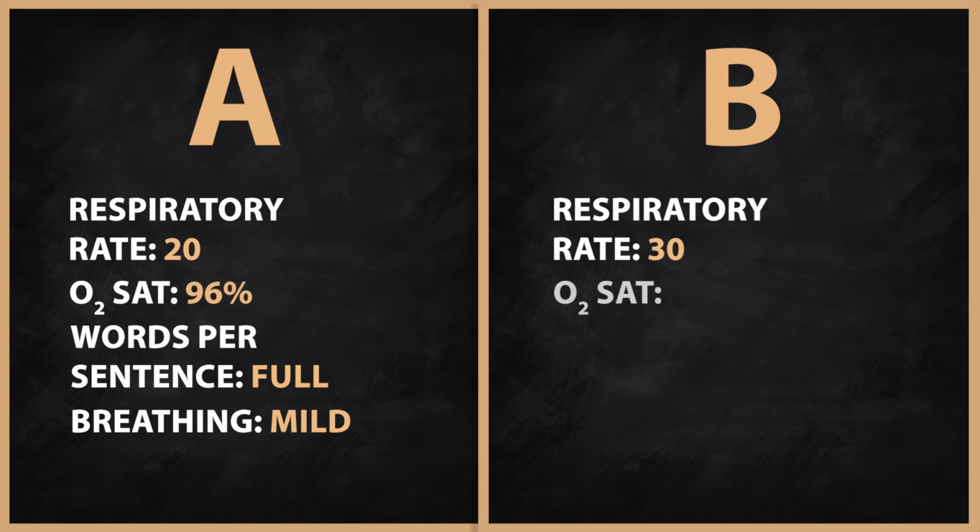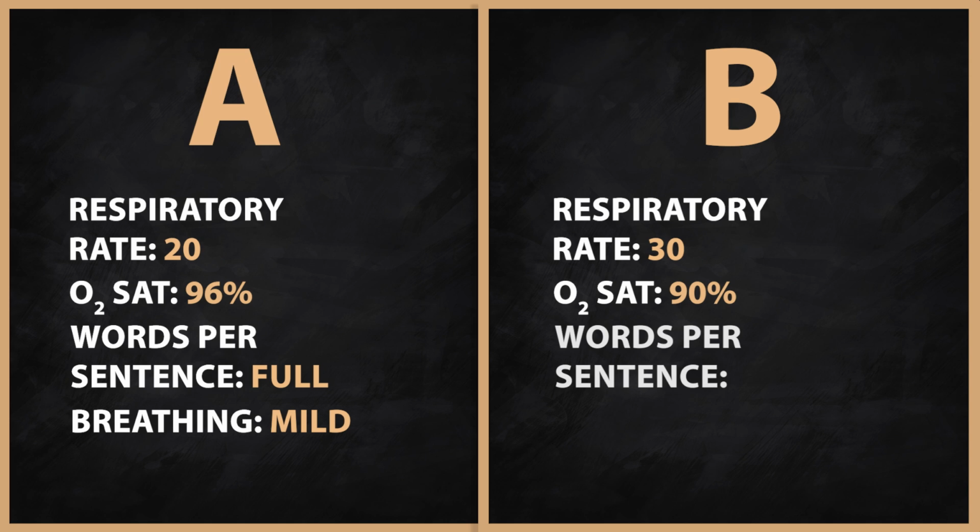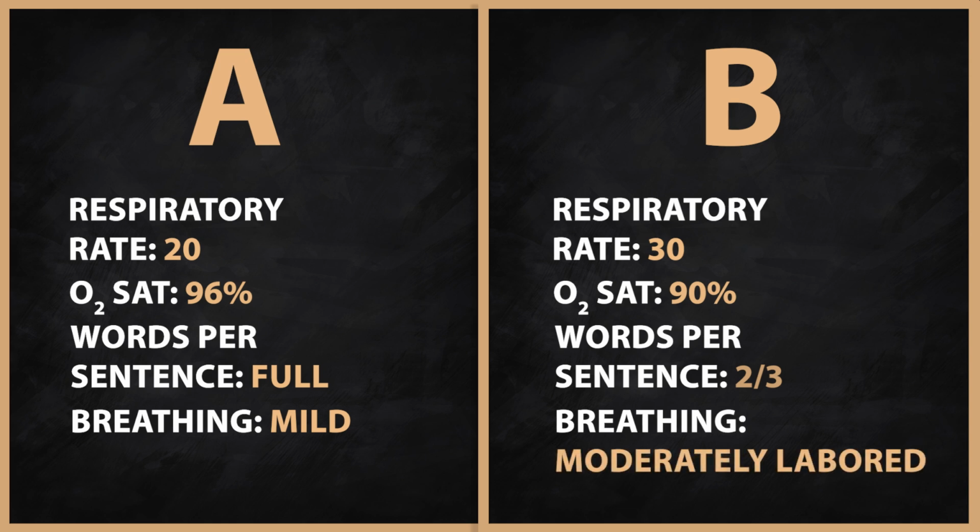We also have an O2 sat of 90% on room air. Under words per sentence, we're about two to three words per sentence, and the breathing is moderately labored. Who's more sick? Clearly patient B. I only told you four pieces of information, and you can see the status of who's sick and who's not.